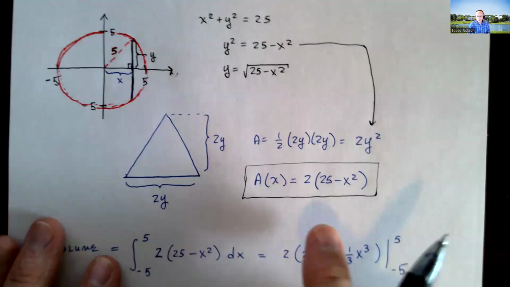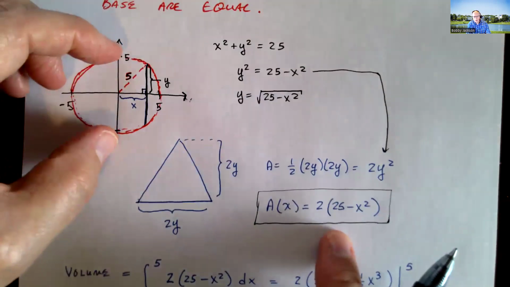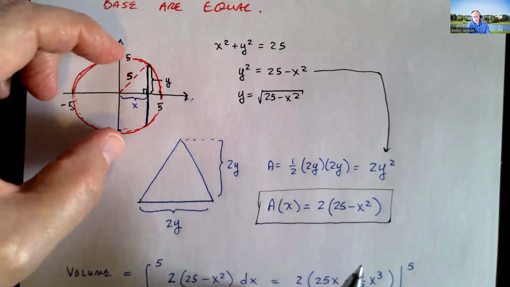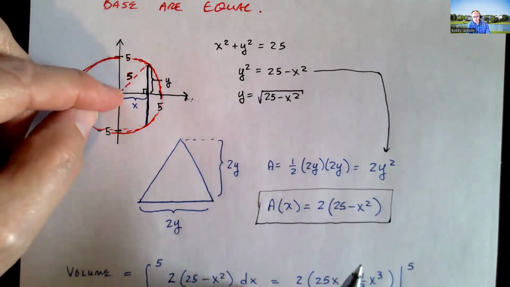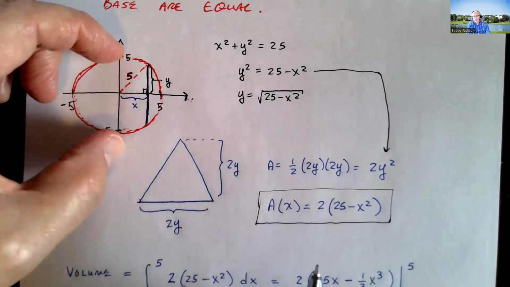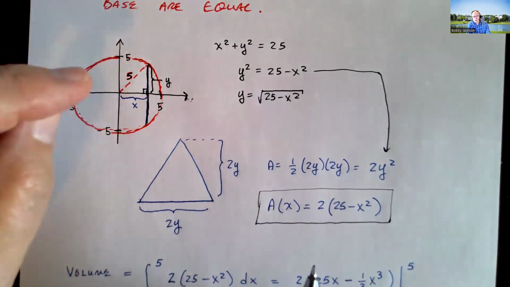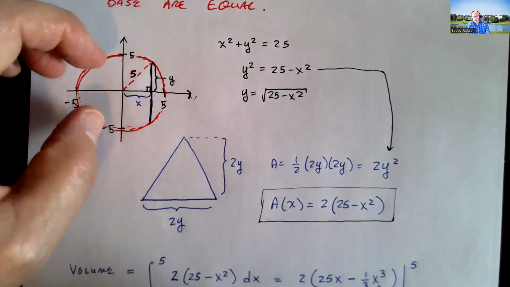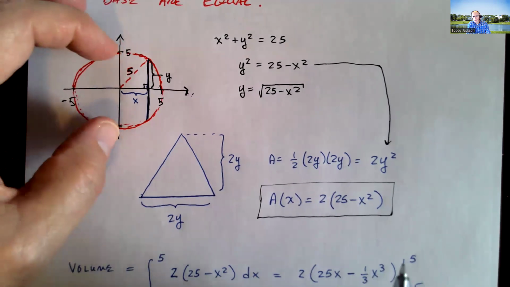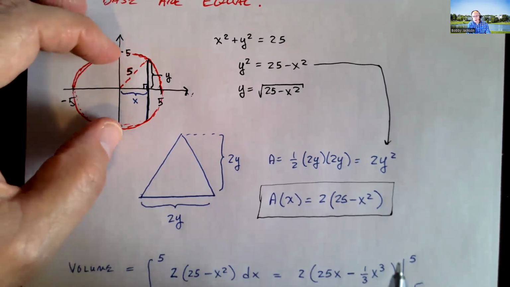So this is very important that we're able to express this. And notice this works because when x is 0, we'll have our biggest triangle, and clearly the base will be what? Since this is a circle of radius 5, the diameter will be 10, right? So the base will be 10 and the height will be 10. And so the area would be 1/2 times 10 times 10, 1/2 of 100, which should be 50 square units.